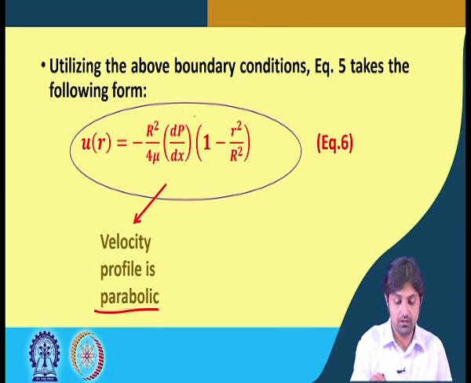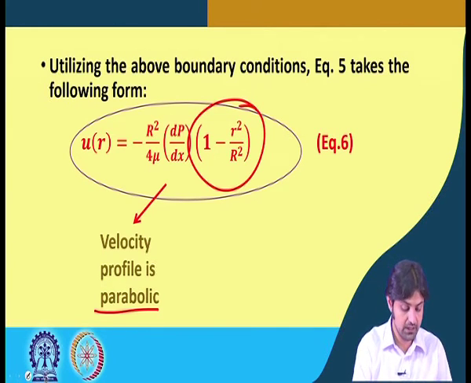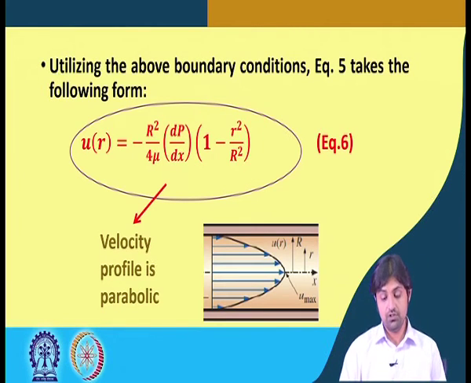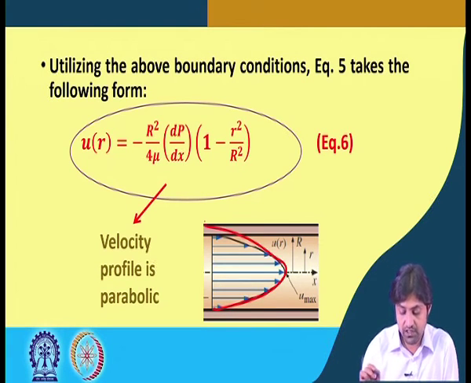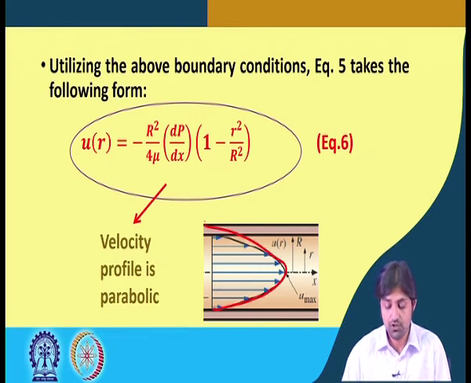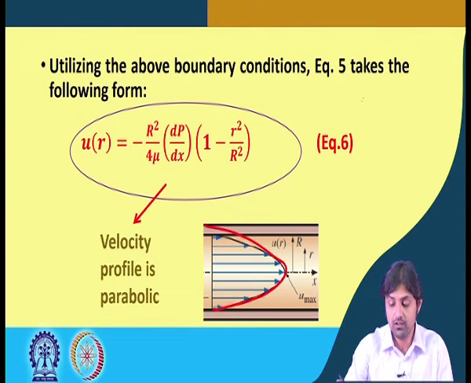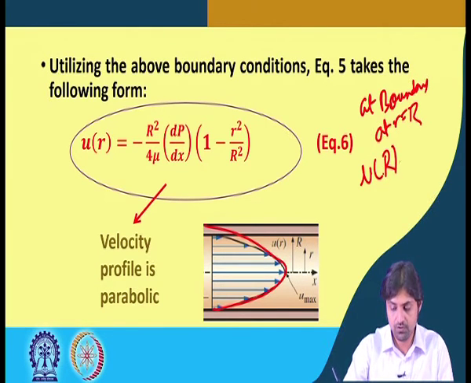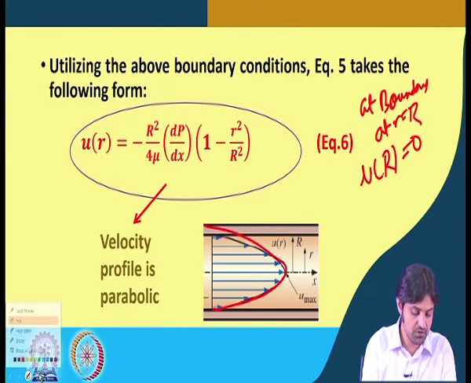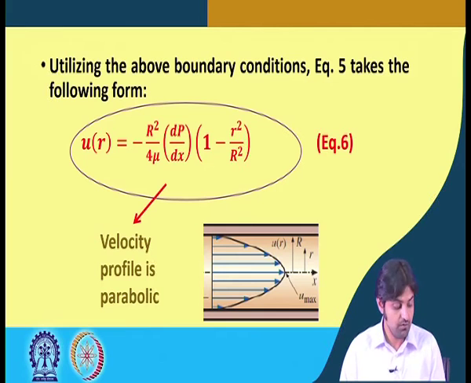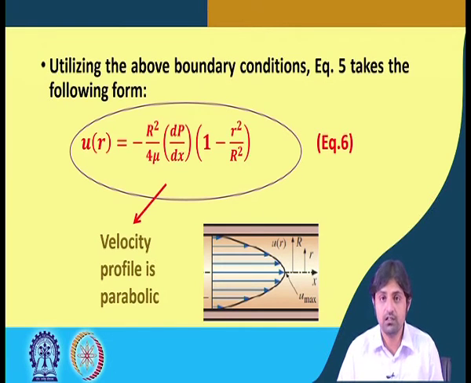You can now recollect why we started with this particular profile, because on derivation you find this profile, which is parabolic in nature. If you put small r equal to capital R at the boundary, u is going to be 0. This is satisfied, but we actually used this assumption to derive it, so we should not say that this is a check of the equation, because of course it is going to be that, since it was the boundary condition.